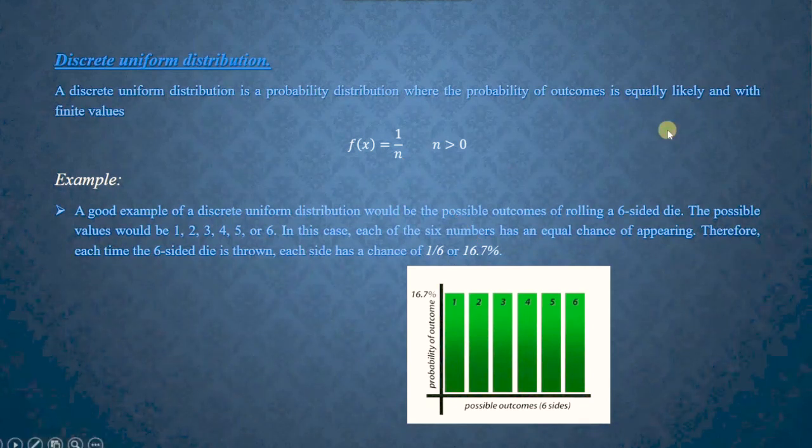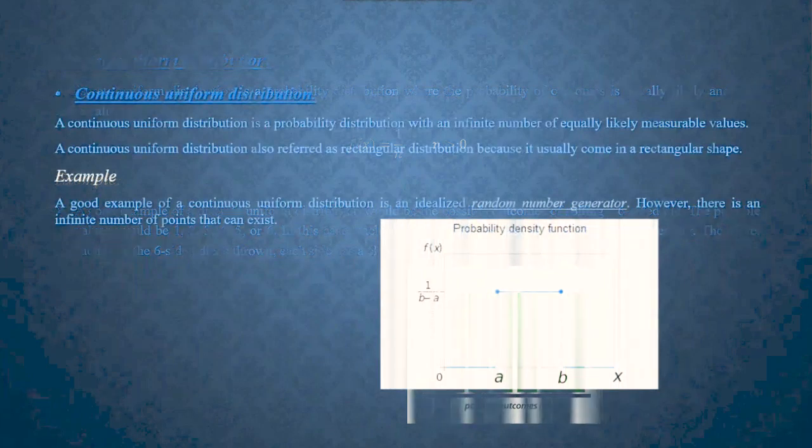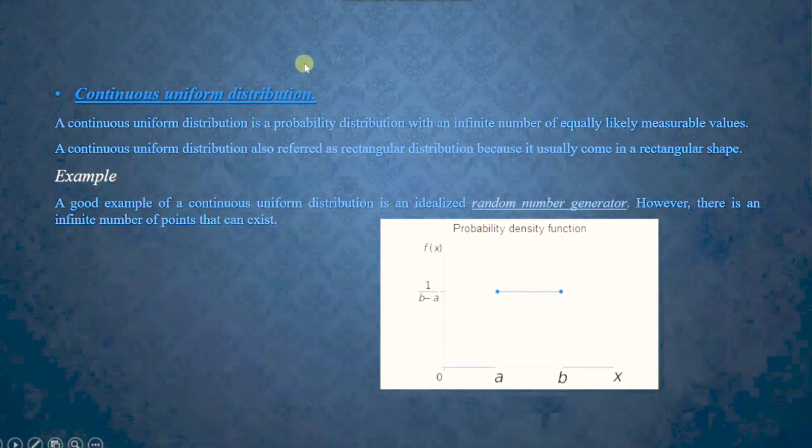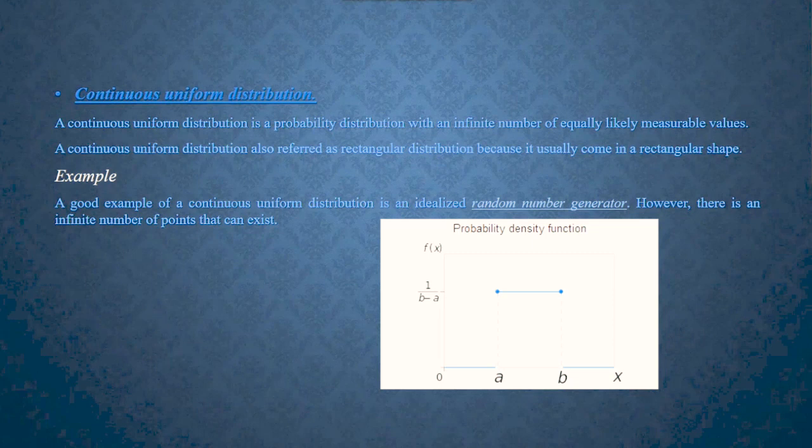Now guys, we are moving towards our second type, which is continuous uniform distribution. A continuous uniform distribution is a probability distribution with an infinite number of equally likely measurable values. It is also referred to as rectangular distribution, because it usually comes in a rectangular shape.